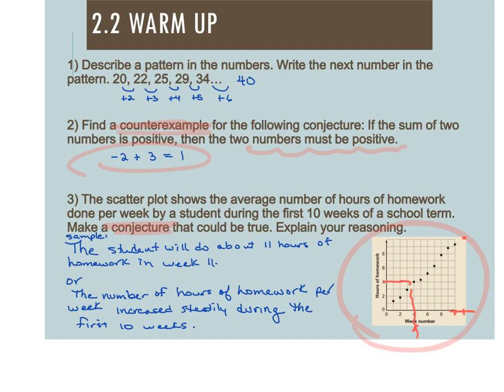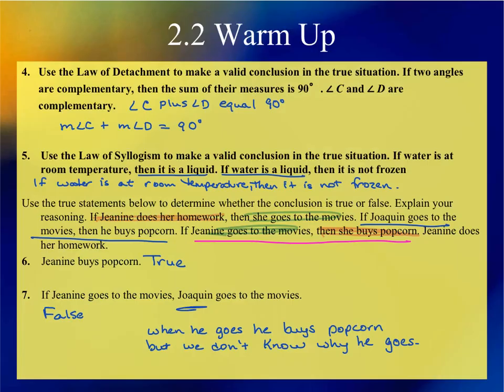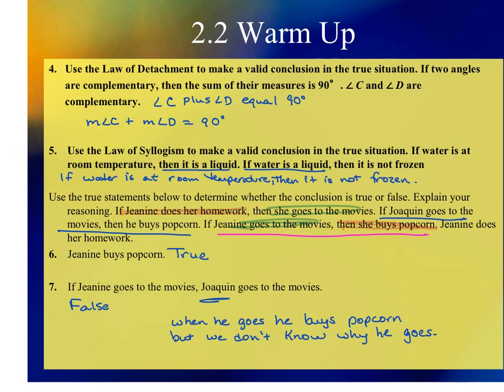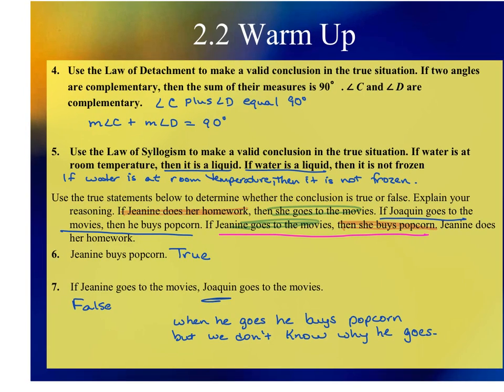Now let's talk about our laws of logic. So know the law of detachment and know the law of syllogism. Number 1 wants us to use the law of detachment to make a valid conclusion in the true situation. The first statement is: if two angles are complementary, then the sum of their measures is 90 degrees.